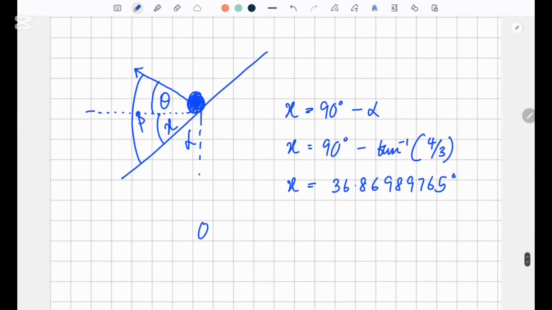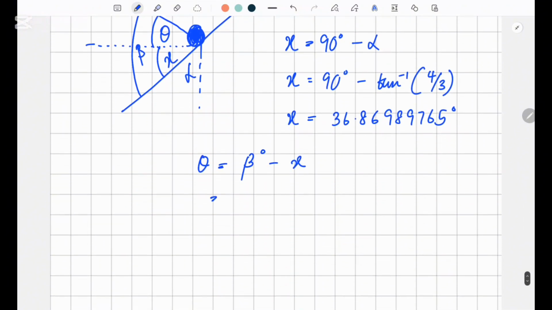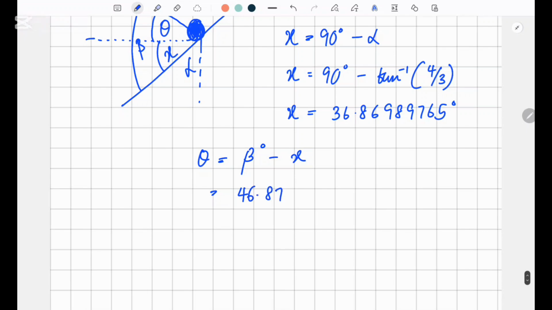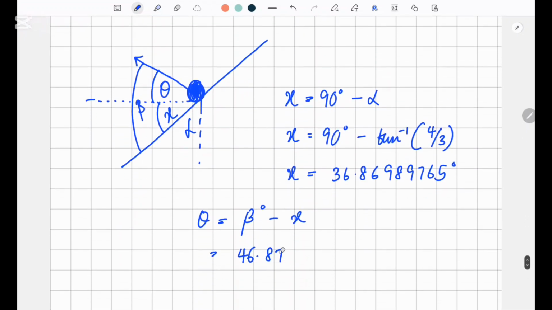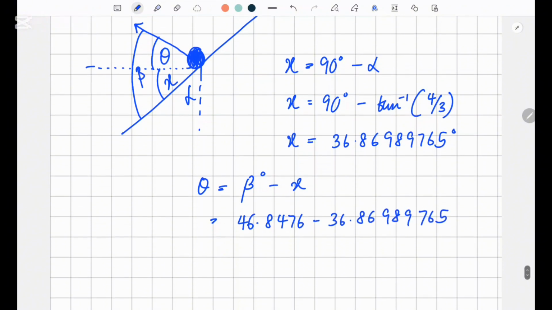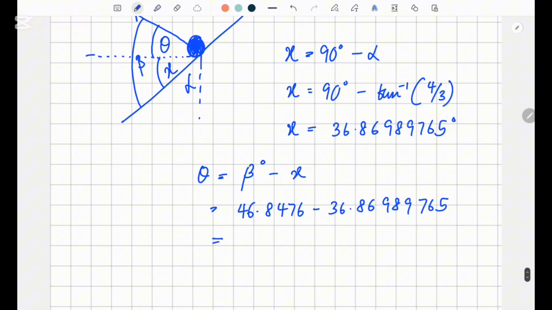Now to find theta, you write beta minus x: 46.8476 minus 36.8698975, which gives 9.9777, so you can write it as 9.98 degrees.